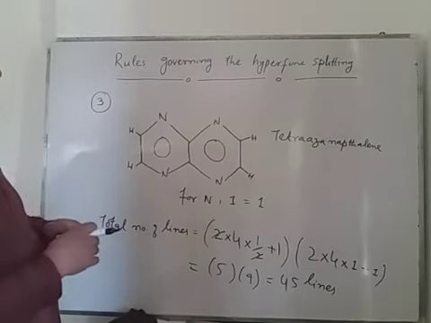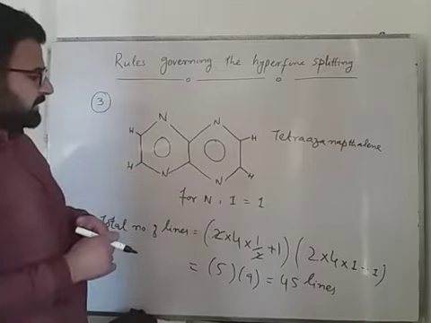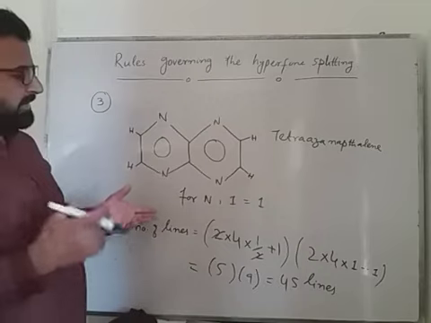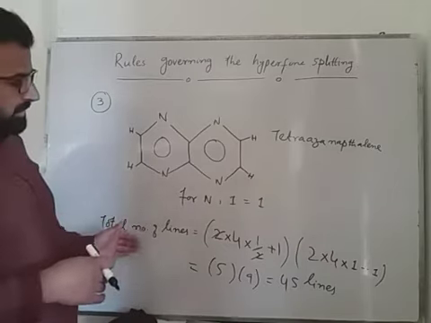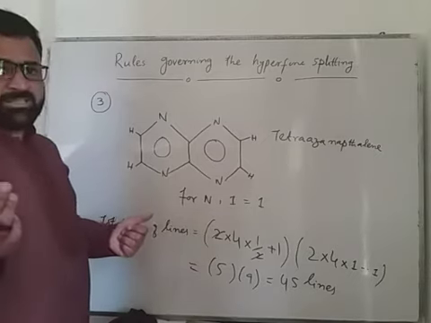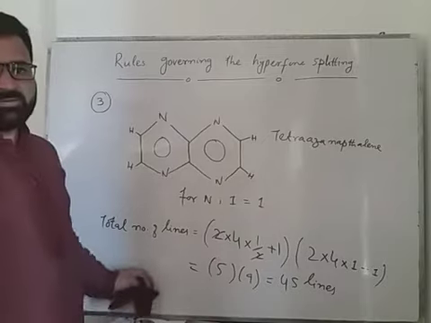Similarly, you can have different molecules with different types of nuclei and also different sets of non-equivalent protons. You can use this kind of formula. That means you have to take the product of each set, which will give you the total number of lines in that situation.